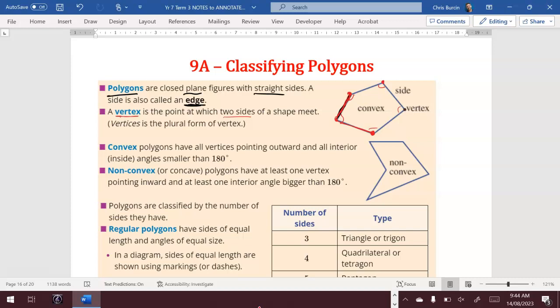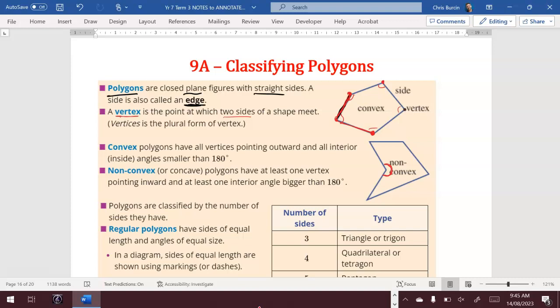The difference between a convex and a non-convex polygon is that one is all outies. None of the angles are going to curve inward and be bigger than 180 degrees. In a non-convex or concave polygon, there is at least one vertex pointing inward, and so this inside angle is going to be bigger than 180 degrees. 180 degrees is a straight line.